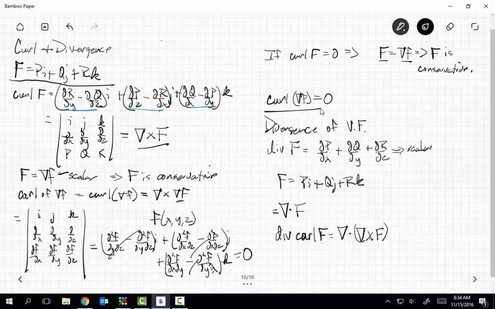In other words, I'm going to take the partial with respect to X of this P term. I'm sorry if I'm being a little bit confusing, but you'll see how it plays out here in just a sec.